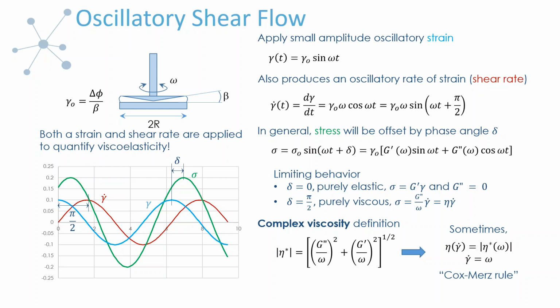And you can kind of understand, from a high level perspective, why they could have some equivalence in certain situations, because both frequency and shear rate are inverse time. So changing frequency or shear rate is probing a different time scale and looking for characteristic relaxation times as you change them.